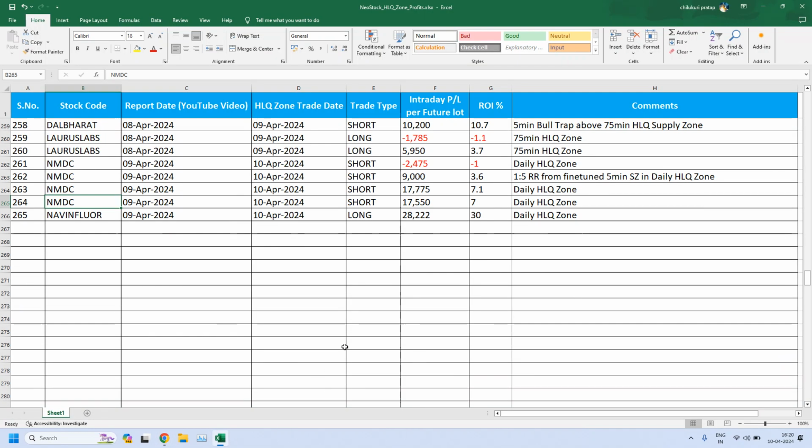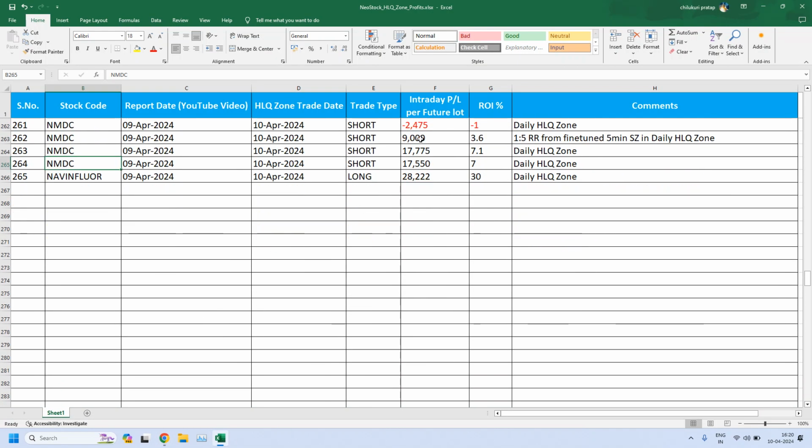And this is the way NMDC has given a loss of 2,475 rupees, which is 1% ROA. Why is ROA less? Looks like the loss is more, but ROA is less. The reason is the cost of one future slot is around 2.5 lakh.